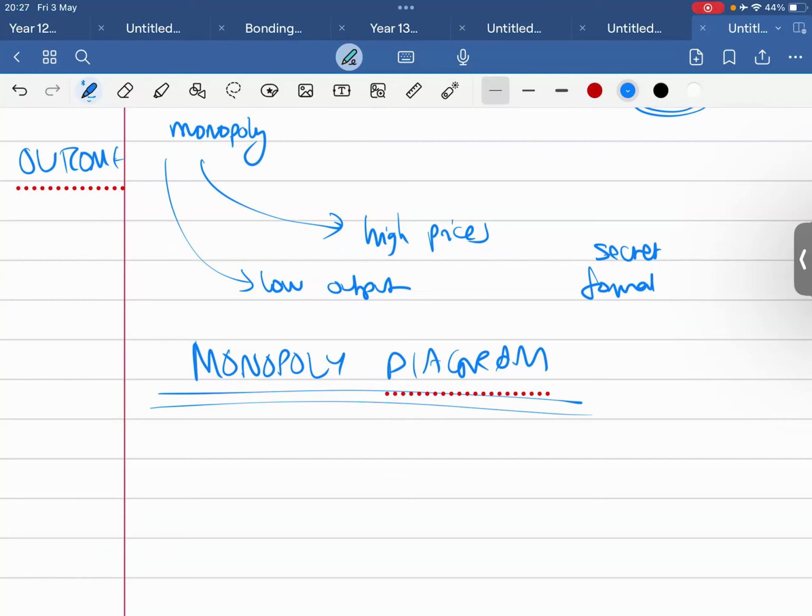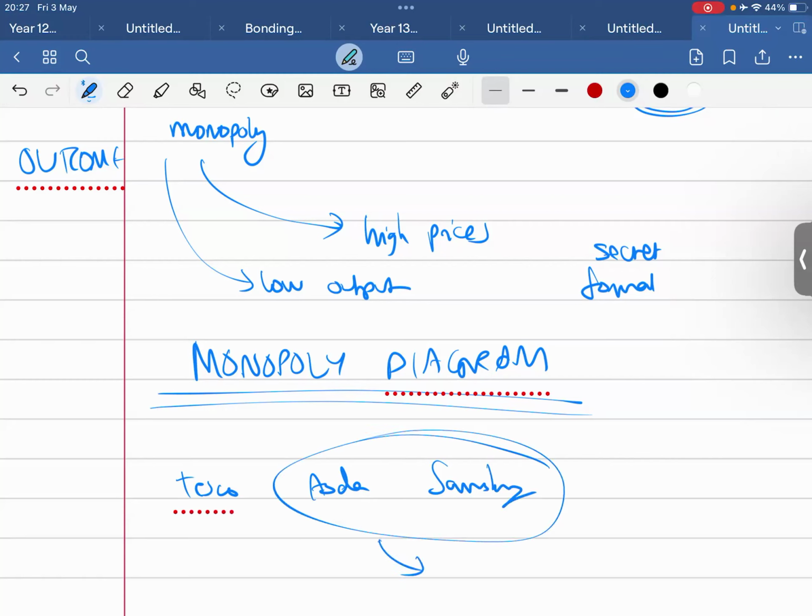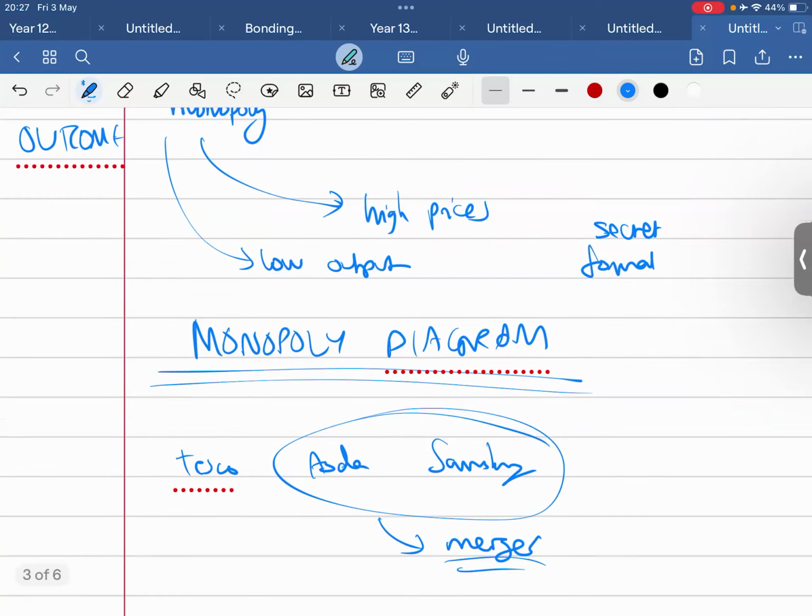So in the supermarkets question in that year, 2019 or something, the extract mentions that Tesco is number one, Asda and Sainsbury's are number two. And it actually mentions in the extract that Asda and Sainsbury's attempted a merger, so a legal merger where they tried to turn into one firm. This was actually denied.